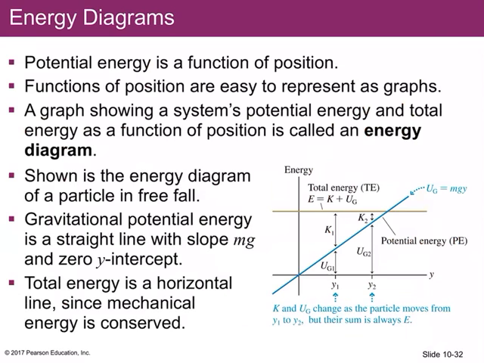All right, so we've got energy diagrams. Potential energy is a function of position, we know that. And functions of position are easy to represent as graphs. So whenever you do have to do the energy skate park simulation, this will hopefully be familiar.